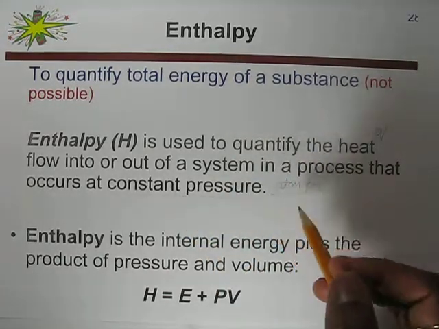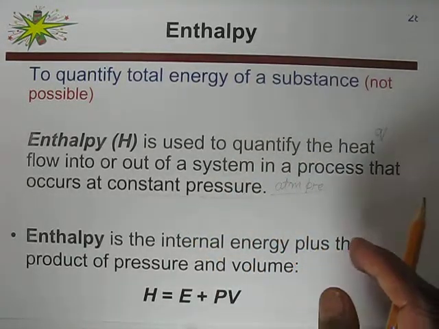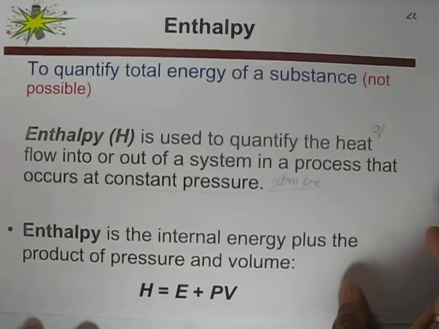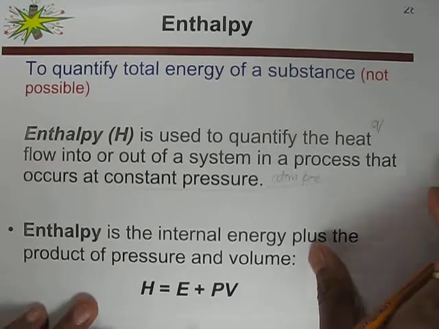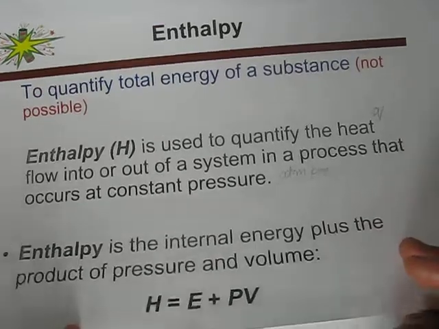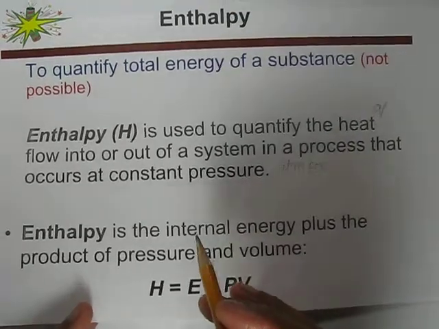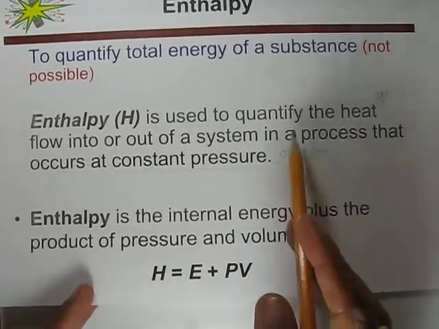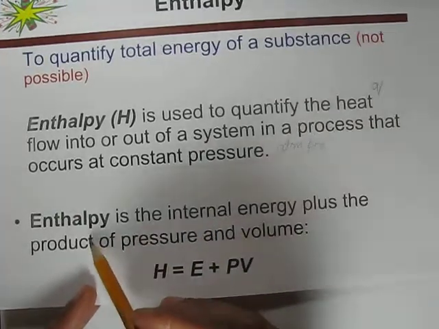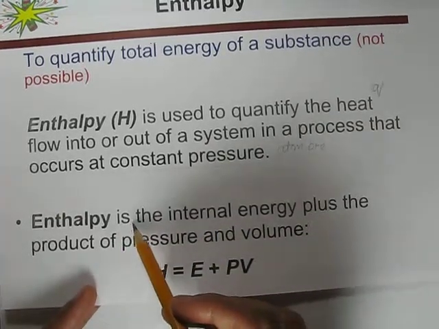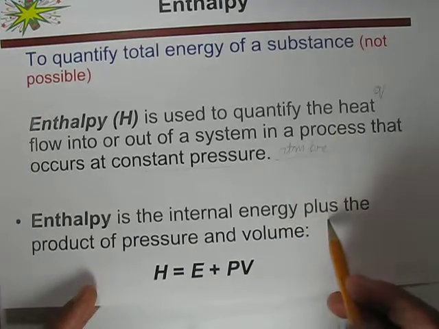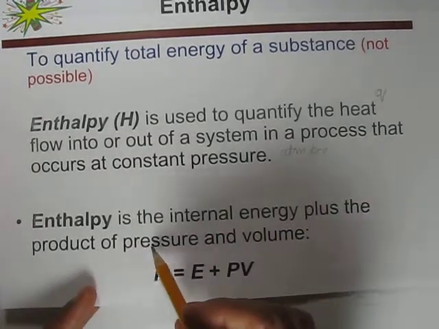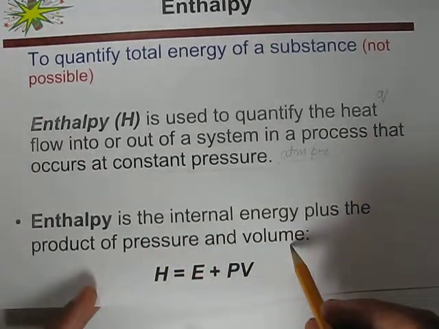I will explain a little bit more in the next two slides, so you can see how this statement is true. Enthalpy is the internal energy plus the product of pressure and volume.